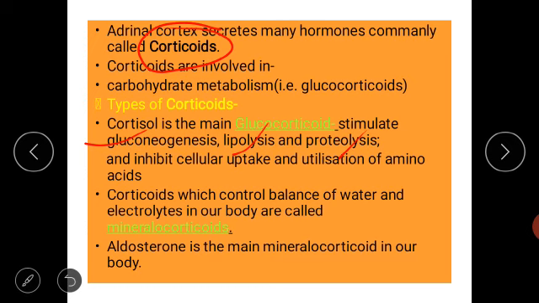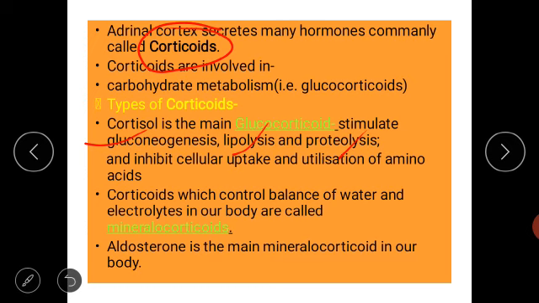Then corticoids which control the balance of water and electrolytes in our body are called mineralocorticoids. This corticoid hormone, mineralocorticoid, maintains the balance of minerals, electrolytes, as well as the balance of water in the body.